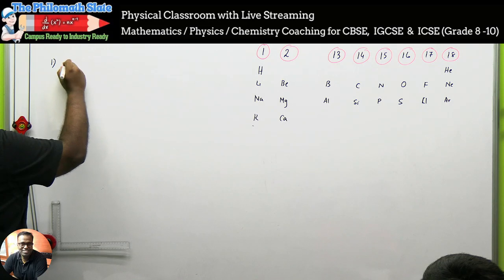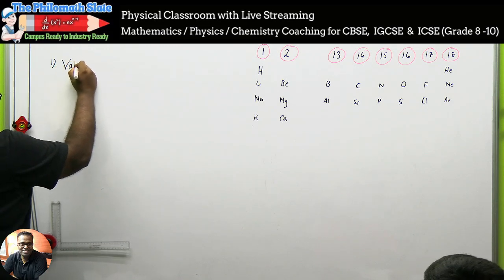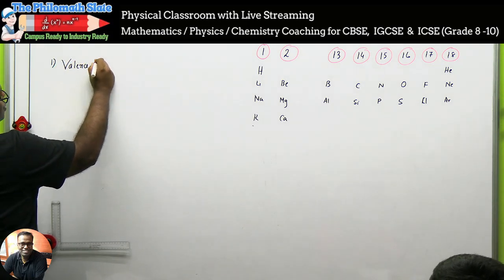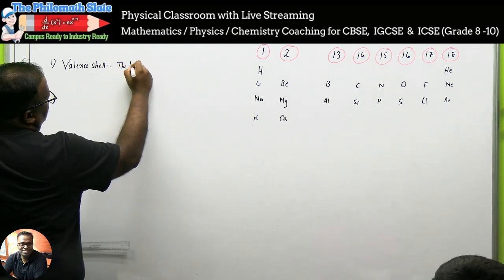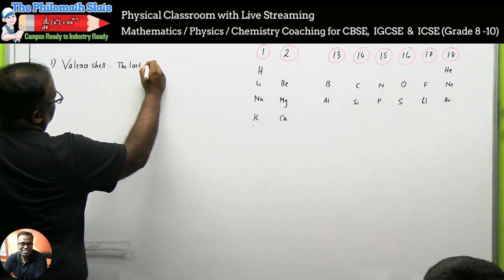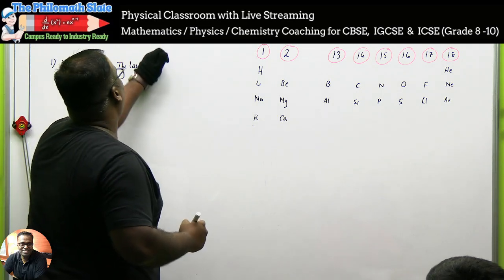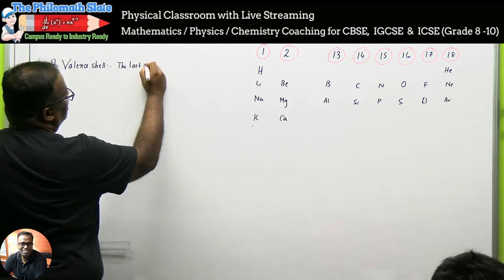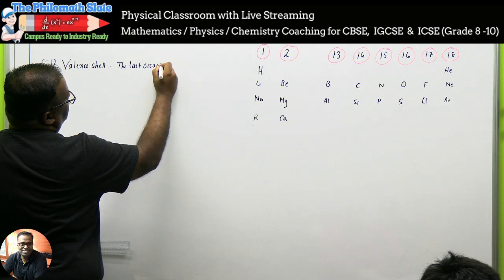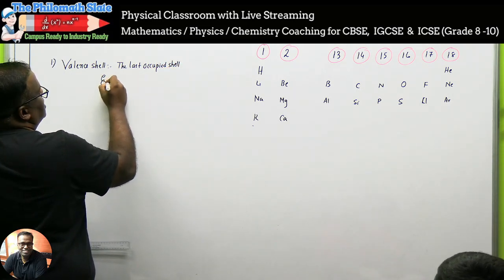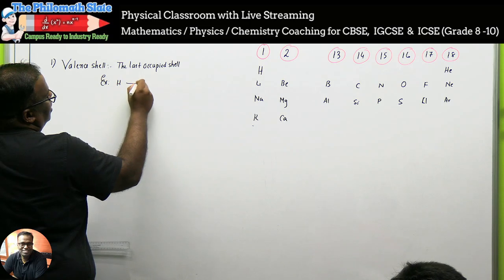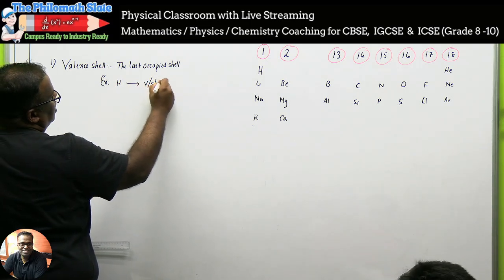We're going to talk about another thing now called the valence shell first of all. What is the valence shell? The last shell, the last occupied shell, we'll say. Some examples: in hydrogen, the valence shell is the K shell.